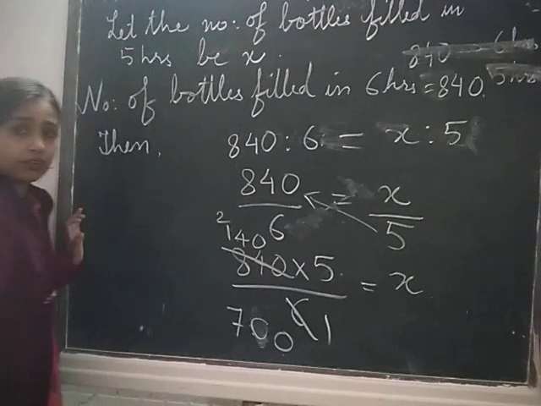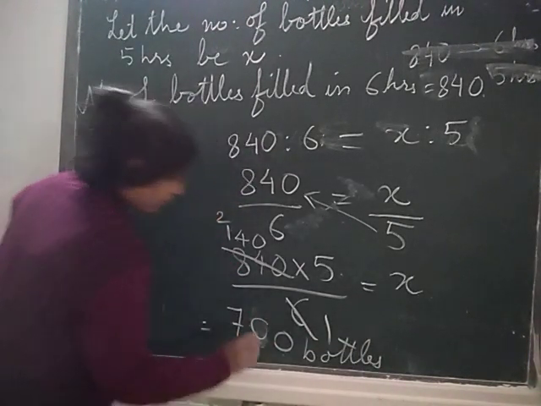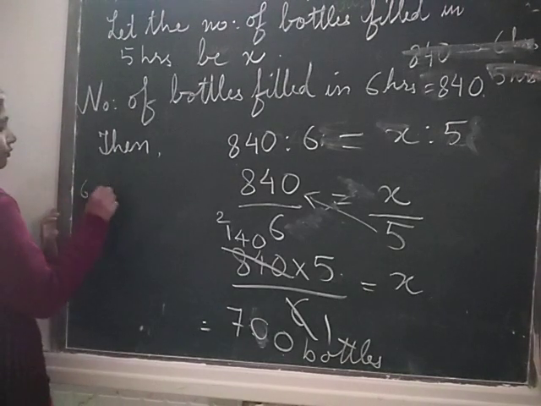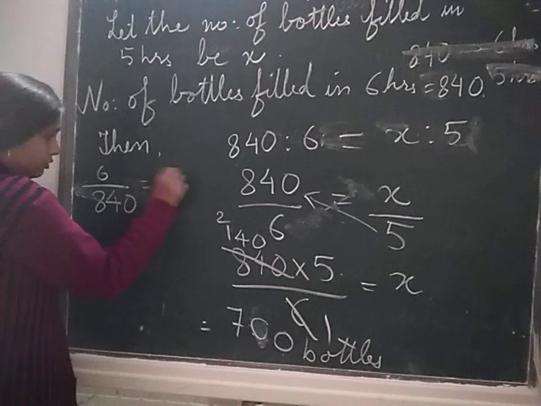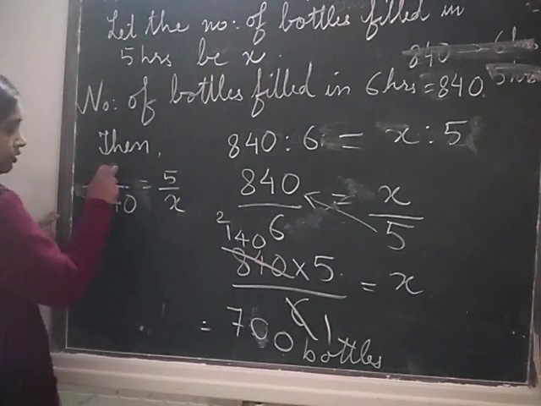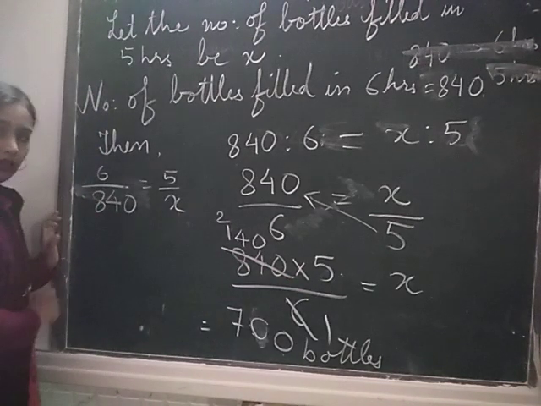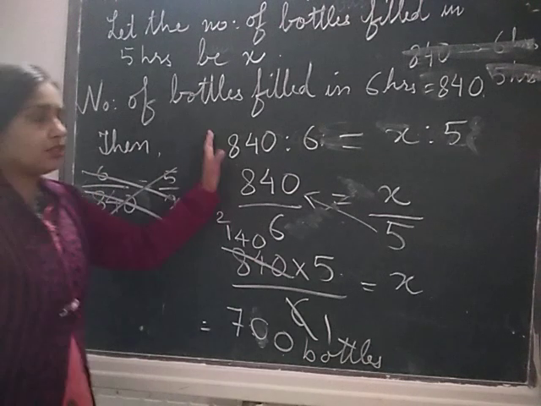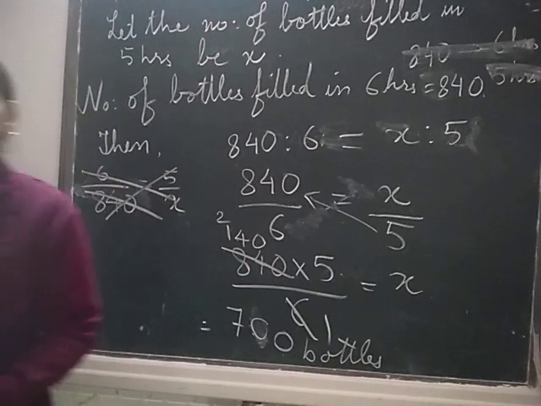So 700 bottles. And if we do this way also, then the answer will come like this. By 840 which is divided by x. X goes here, 840 goes here and 6 comes down. Same. So either you do this way or you do this way, both the ways are correct. Answer is 700 bottles.